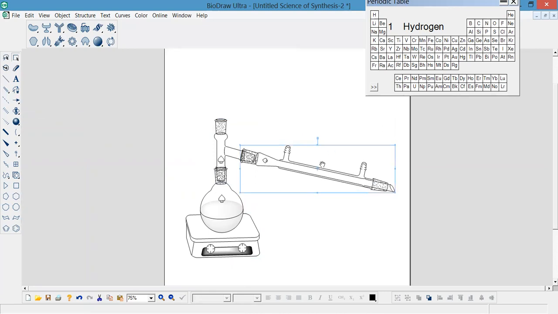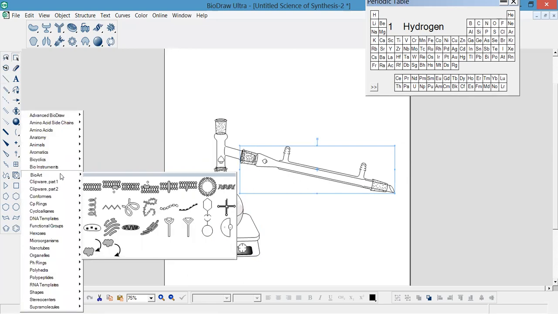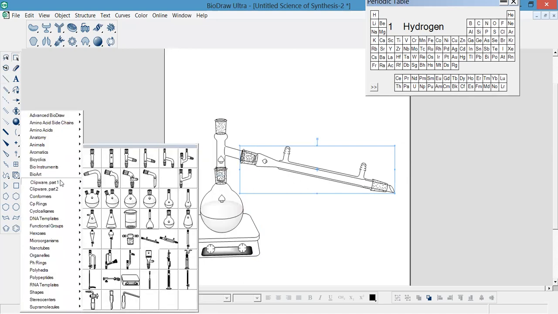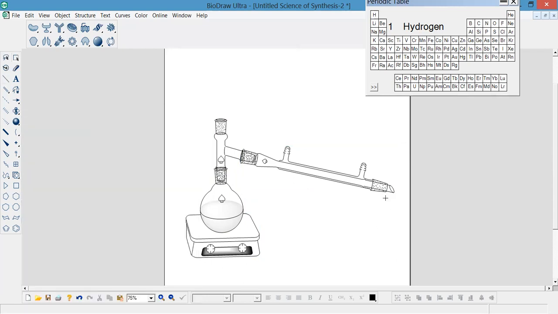Now add another coupling system to this, for example, like this.